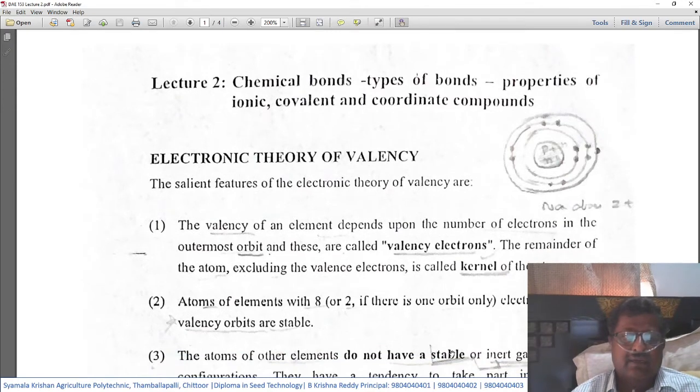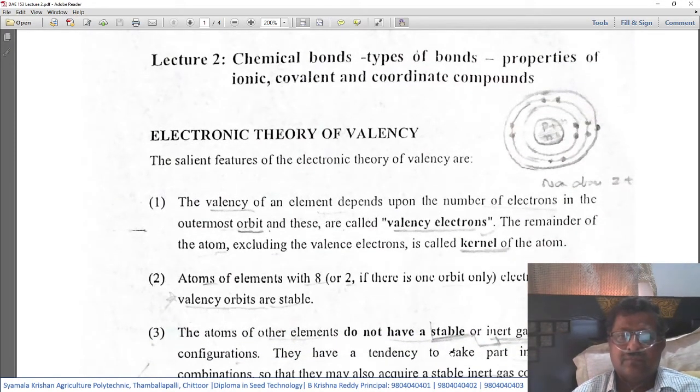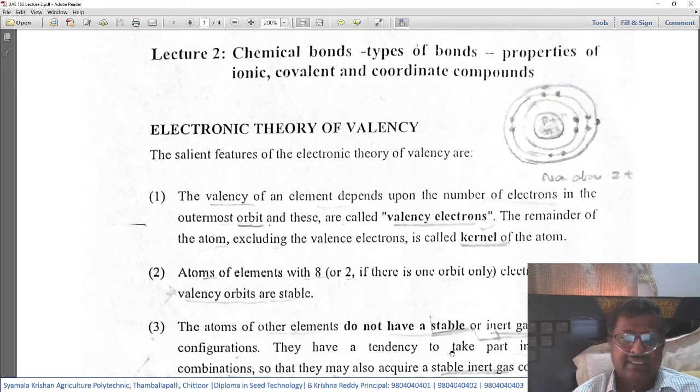Right. Number two, atoms of elements with 8 electrons in their valency orbit are stable. Whenever any atom of an element contains 8 electrons in its valency orbit, or the outermost orbit, then the substance will be stable.